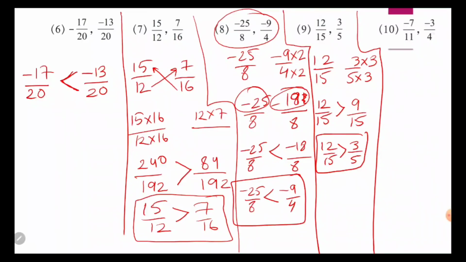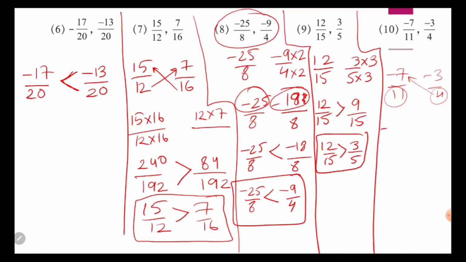Okay, now is minus 7 upon 11 and minus 3 upon 4. So here I'll be just writing minus 7 upon 11 and minus 3 upon 4. Next step, we can see that neither the 4 nor the 11 can be made same by multiplying only one number. So here I will be doing cross multiplication.